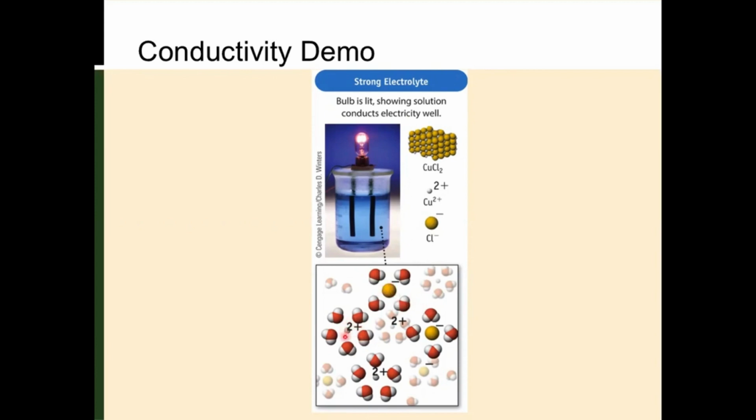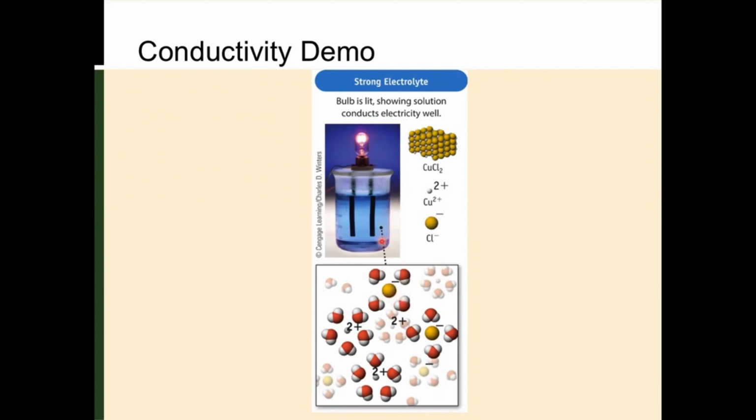In the case of the copper 2+, the negative part of the water molecules, the part on the oxygen, is pointed towards the copper ion. And in the case of the chloride, the hydrogen atoms of the water molecule are pointed towards the chloride because those are the delta positive regions of that molecule.